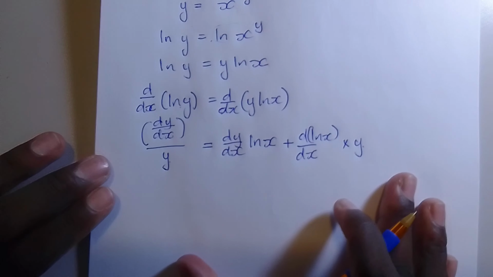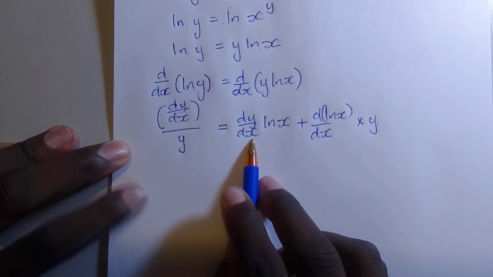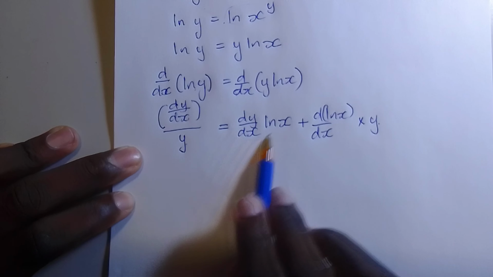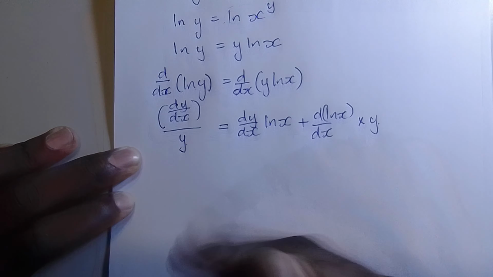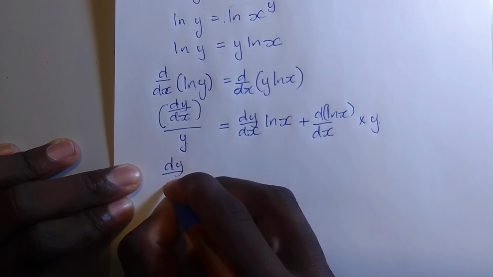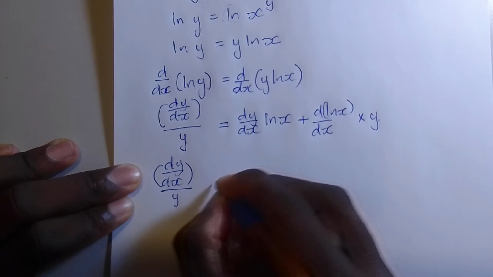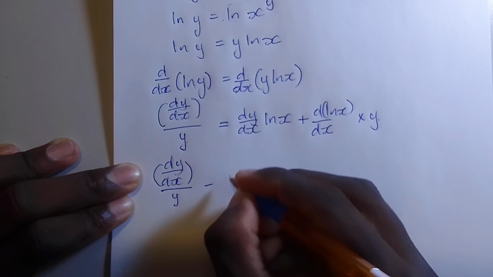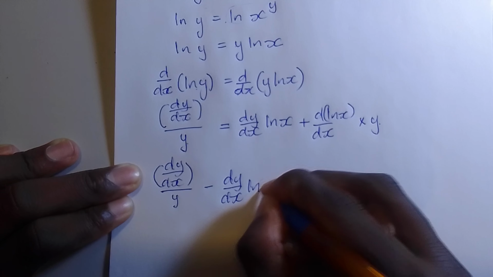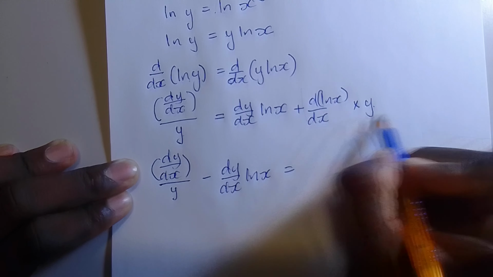Okay, so now when we get to this step, we just need to make dy on dx the subject of the formula. So let's take dy on dx ln x and transpose it to this side. You'll have dy on dx over y minus dy on dx ln x, which will be equal to these guys.